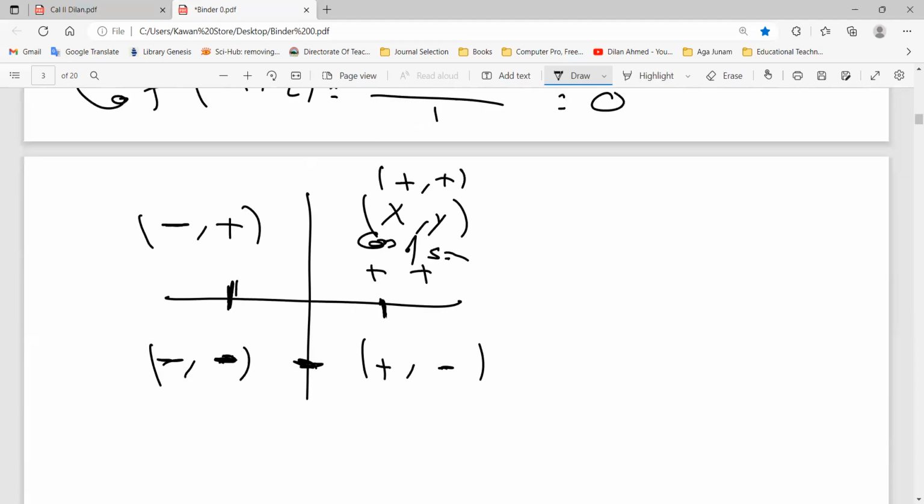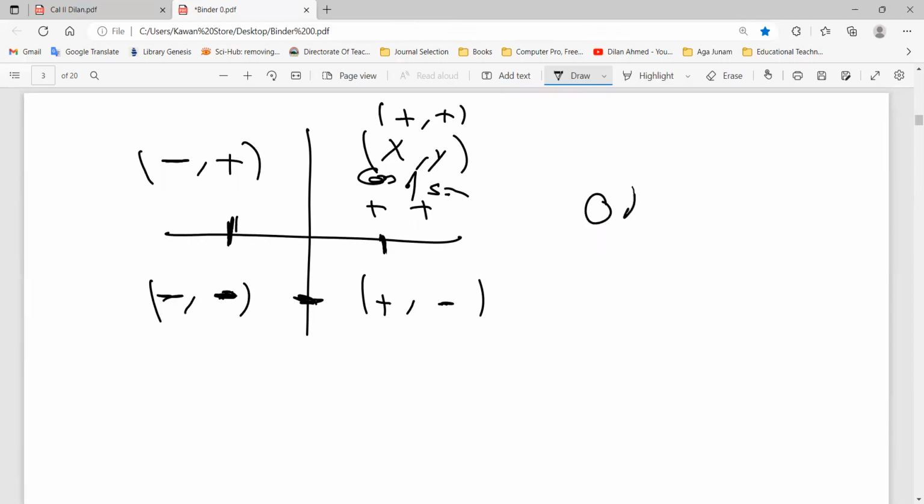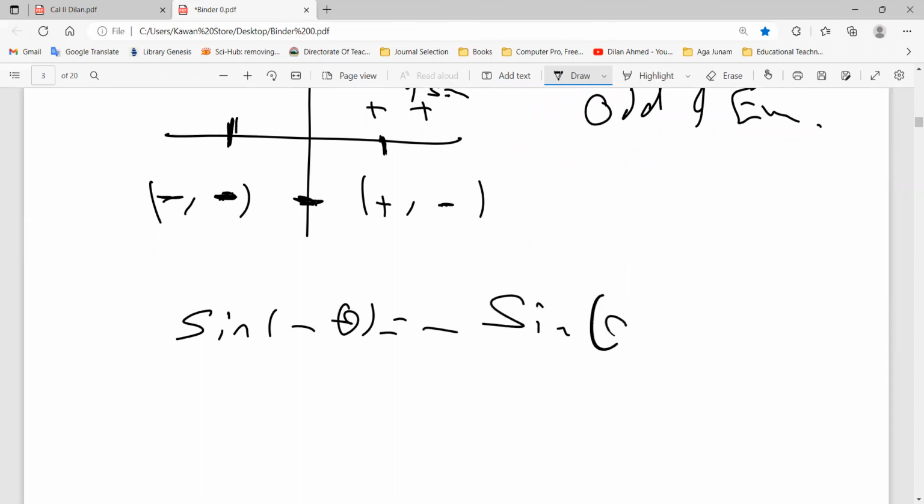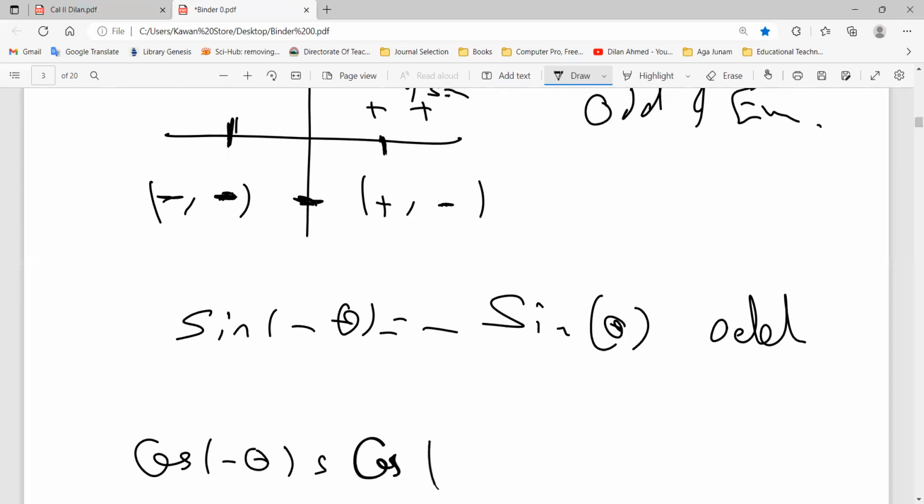And how about, for example, odd and even functions? We have 6 functions, right? Sine of minus theta is equal to minus sine theta, so it means that's odd. And cosine of minus theta is equal to cosine theta, so it means that it's even. If I give the negative, I'll get positive in cosine.